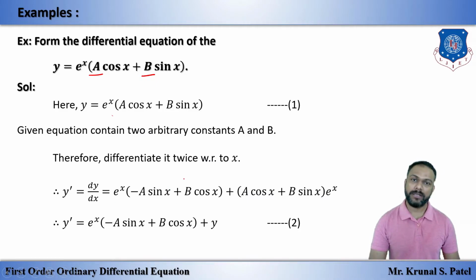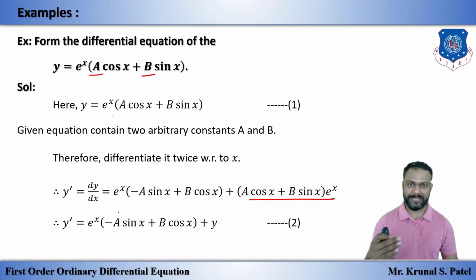Now again, by putting this value y, we have to differentiate this term a second time, and this is the final differentiation because we have two arbitrary constants, so we differentiate only twice. If we differentiate this, y dash becomes y double dash, and again we apply the product rule.